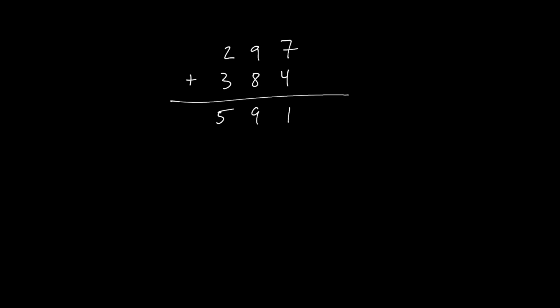So we know the top one, 2, 9, and 7, that's going to be 2 plus 9 plus 7. That equals 18. 1 plus 8 equals 9. 3, 8, and 4, the digital root of that: 3 and 8 is 11. 11 and 4 is 15. 1 and 5 equals 6.